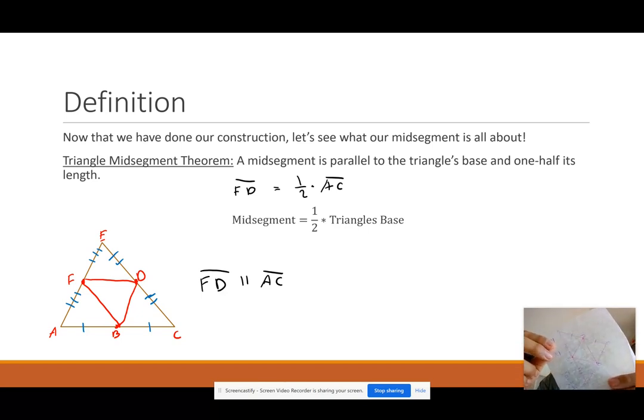What does that look like? It's kind of hard to see. Again, look at your paper, but it looks like AE is now the base, which makes BD a mid segment as well. And what if we kept turning? CE is our base with BF being our mid segment. There are three individual mid segments here.